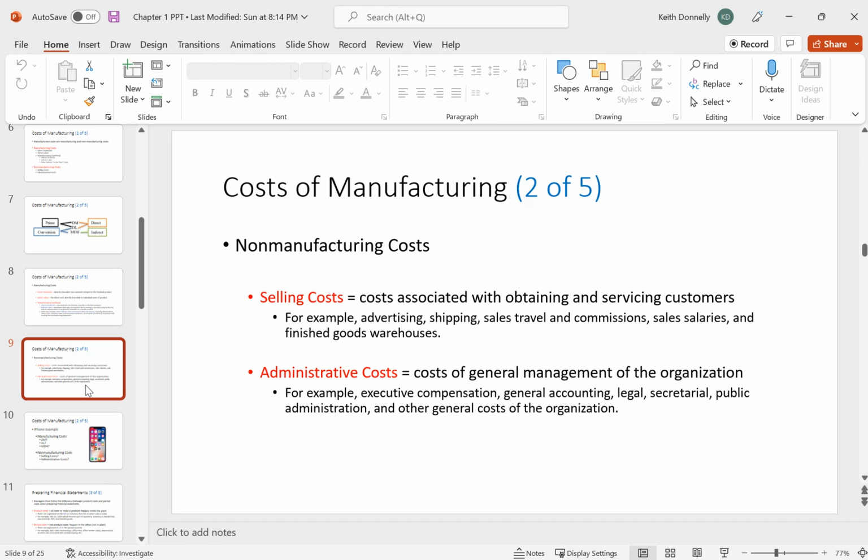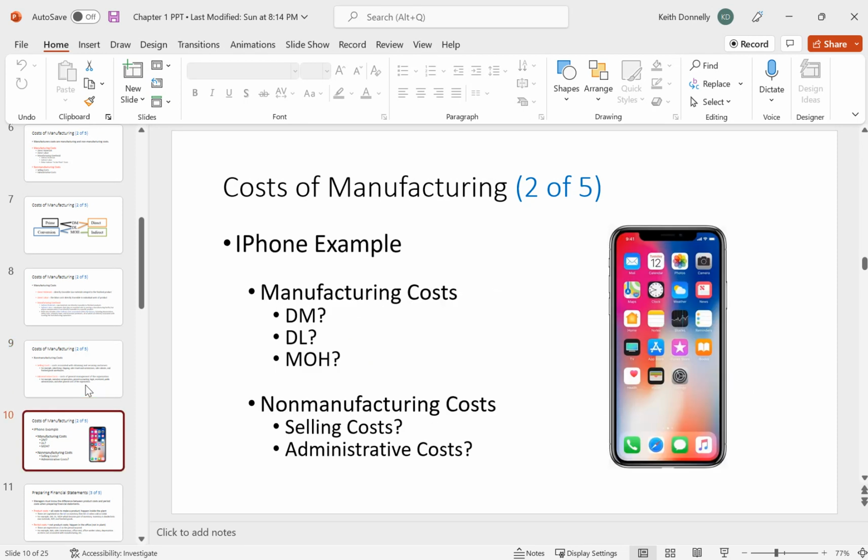Administrative costs, when you're looking at the cost of manufacturing, it's a non-manufacturing cost, and it really relates to general management of the organization. So in this case, it would be like the high-level executives, accounting, legal, our secretaries, other general costs to run the business that aren't really directly involved or associated with that manufacturing process.